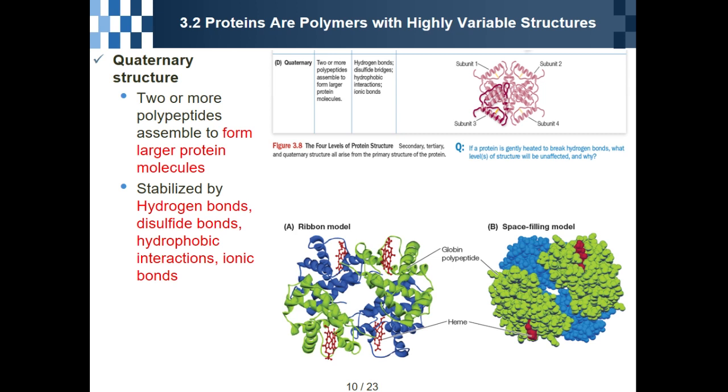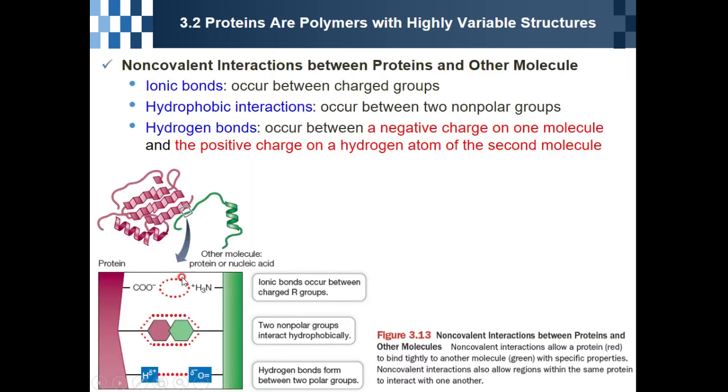Okay, so if you see details, the disulfide bond is covalent bonding, 공유결합. However, the hydrogen bonding, hydrophobic interaction, and ionic bond we call non-covalent bonding.